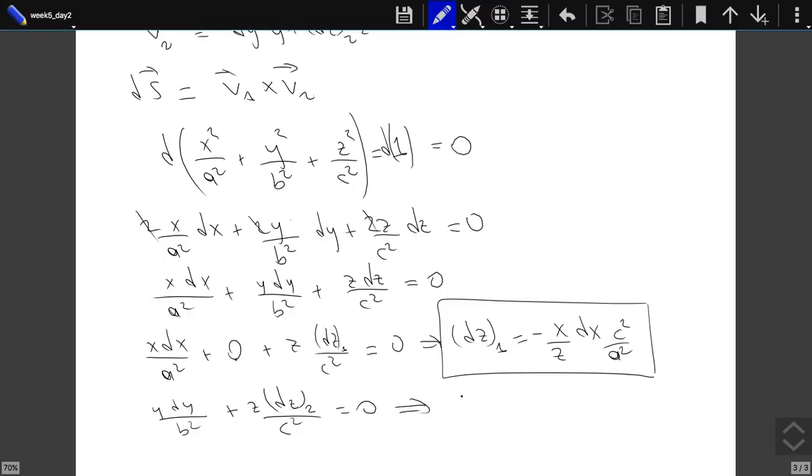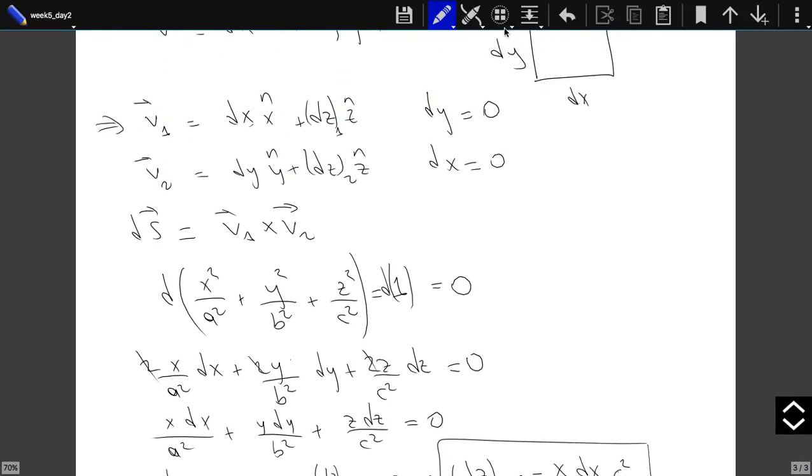Or dz2 is equal to minus y over z dy times c squared over b squared. This is my dz2.